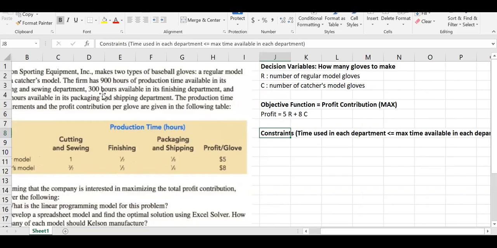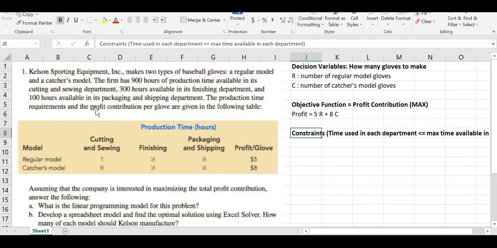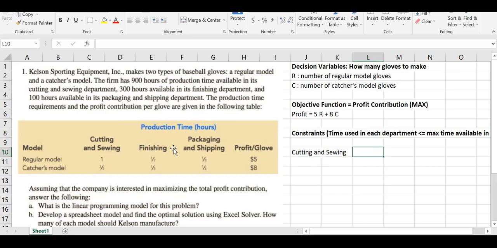cutting and sewing department, 300 hours in finishing, and 100 hours in packaging. So for each one of these, let's say cutting and sewing. The left-hand side is the time used in the department. For each regular model produced, they have to work 1 hour.